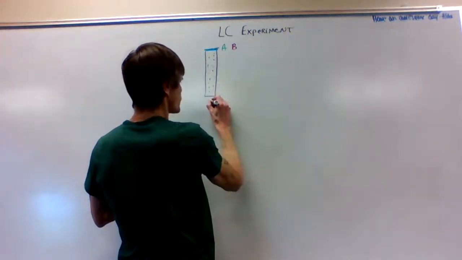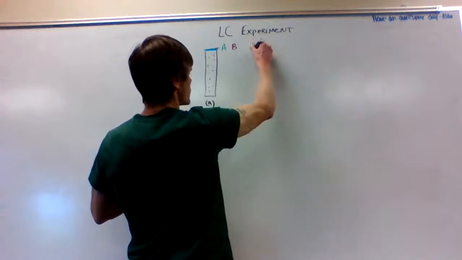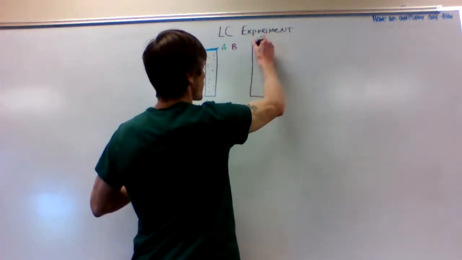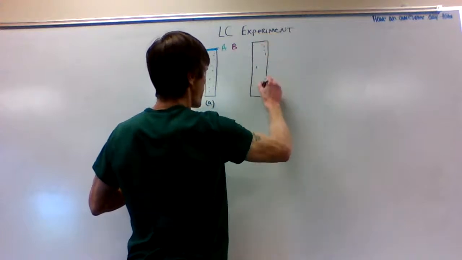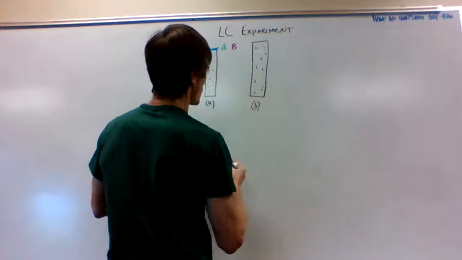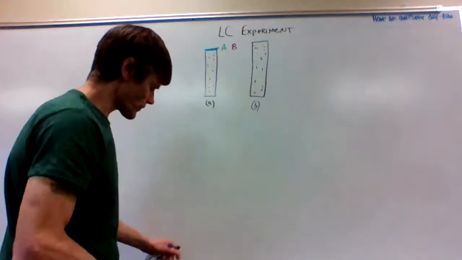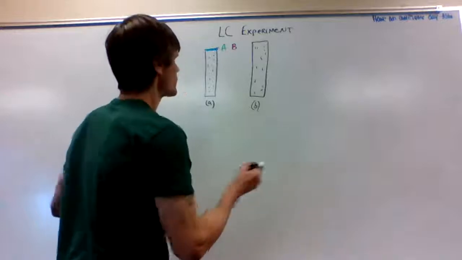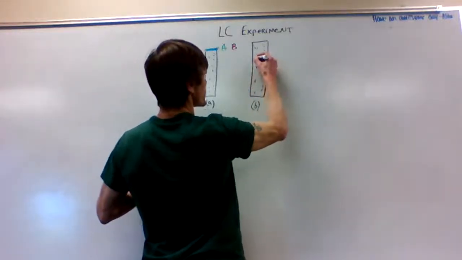So if we call this our first step, we'll say at a short time later on this column, we'll call this time B, we're going to start to notice that A and B start to separate a little bit. Let's just say B comes out here.